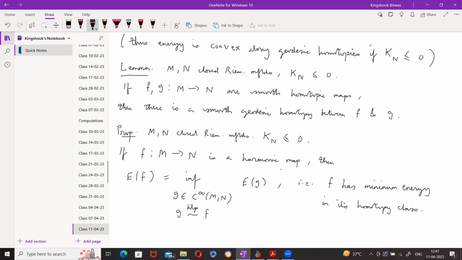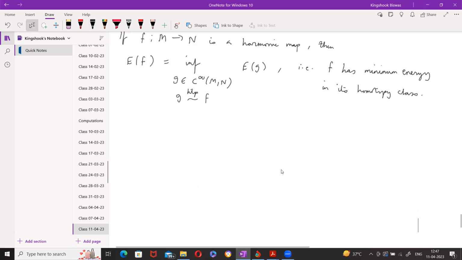So, for example, let me take a map from S1 to N. Any closed geodesic, not just a geodesic, I can think of as a harmonic map from S1 into N. So this has minimum energy in its homotopy class.